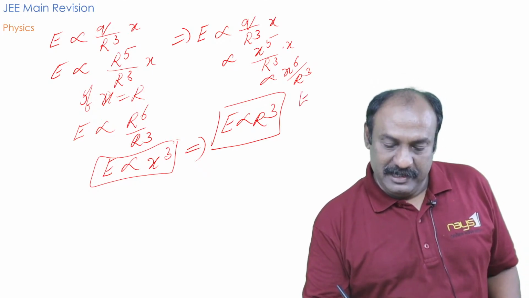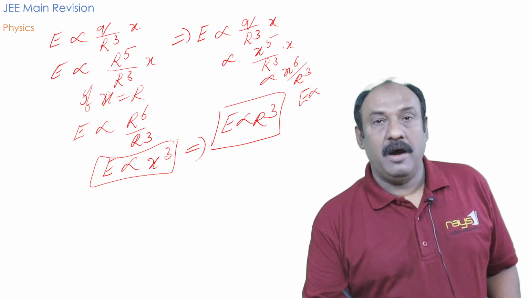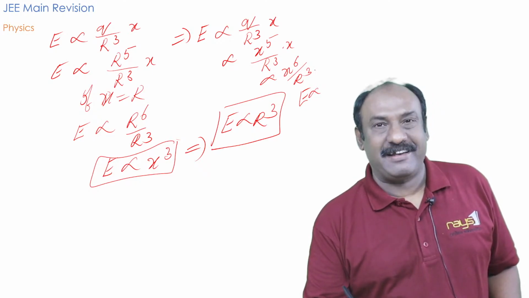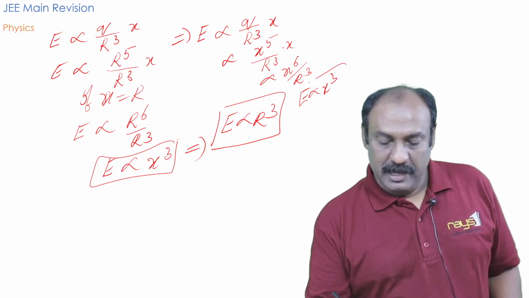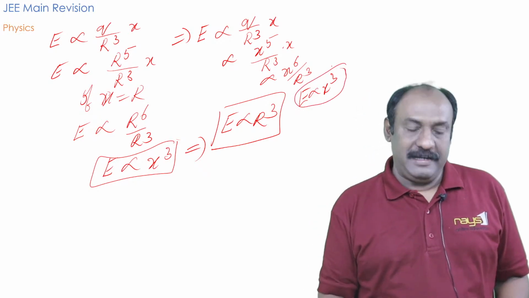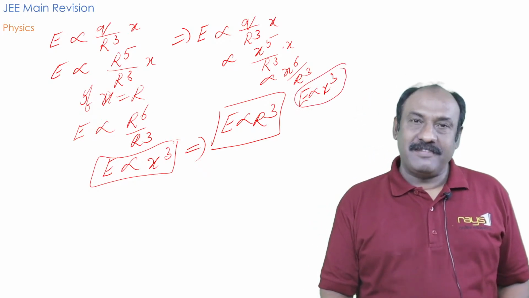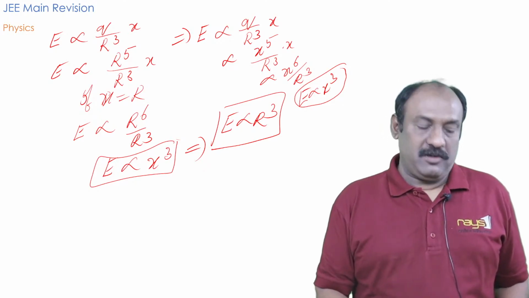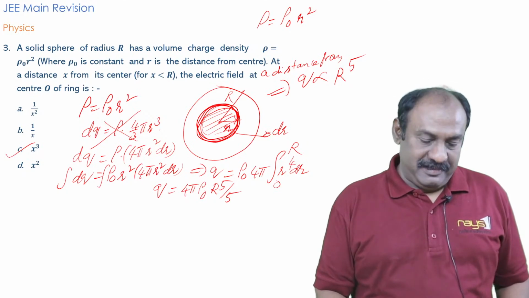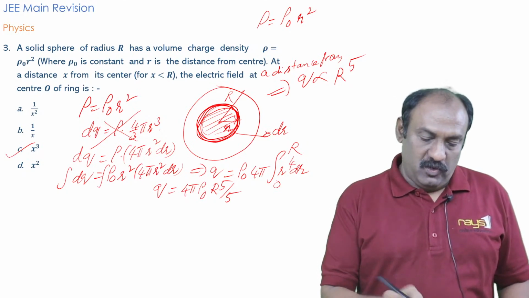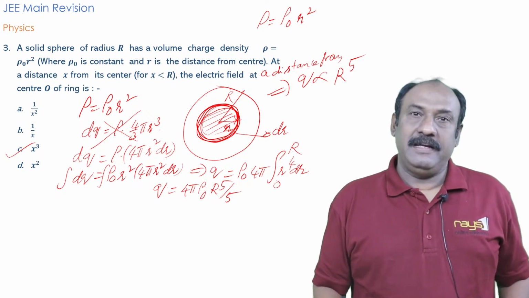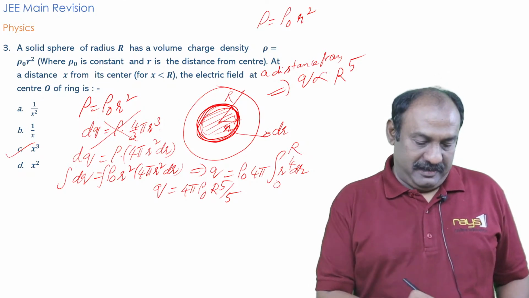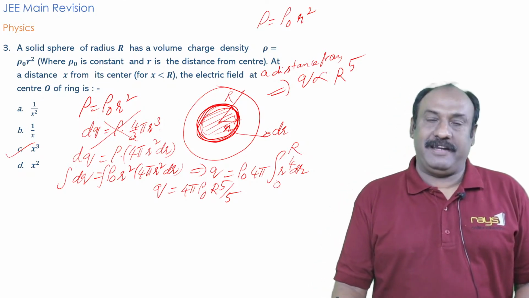Then we get E directly proportional to x to the power 6 by x cubed, which gives x cubed. So the electric field intensity at a point inside the solid sphere whose volume density varies with radial distance as rho equals rho naught into r squared is E directly proportional to x cubed. That is the answer for question number 3.